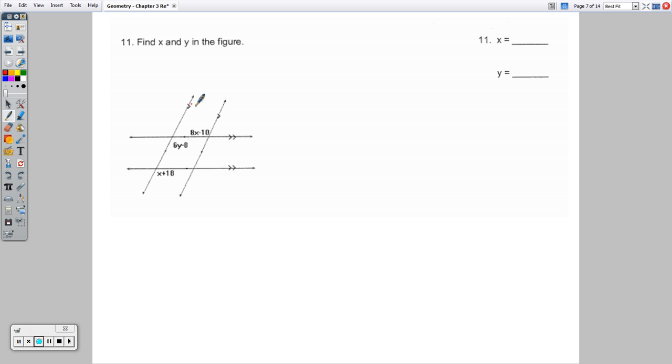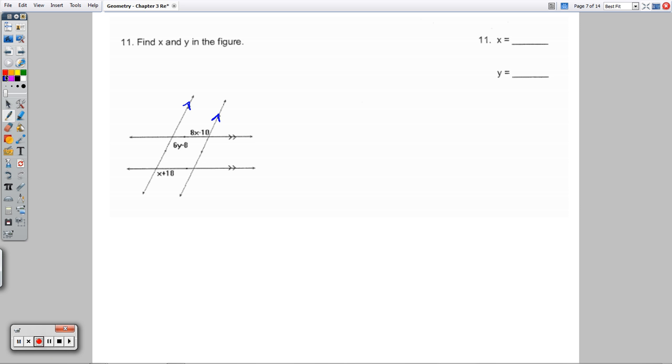It looks like we have this line and this line being parallel. Looks like it's kind of a weird little arrow drawn in here, but let me just draw that in a little more like I'm used to seeing it. So that and that are parallel. These 2 lines parallel. These 2 lines are also parallel. So there's some assumptions we can make here. It looks like we could say a few things.